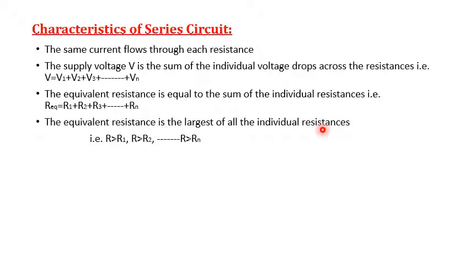This is one more characteristic you can observe here. The equivalent resistance R is greater than R1, again greater than R2, and again greater than Rn. So these are the characteristics of the series circuit.